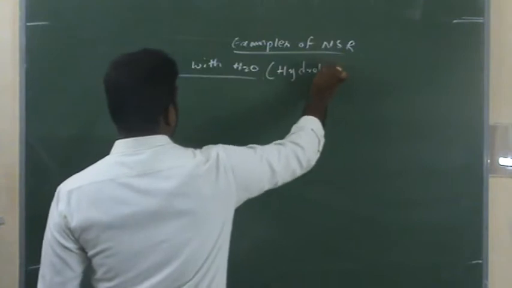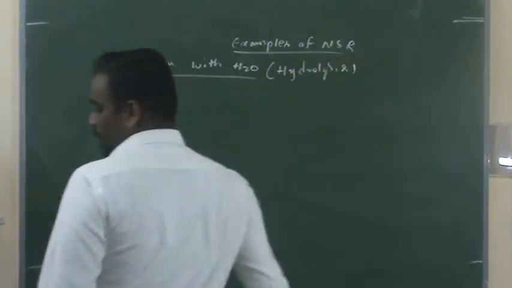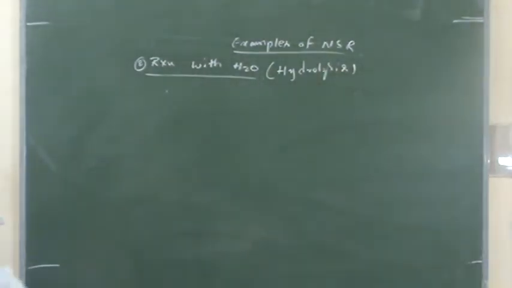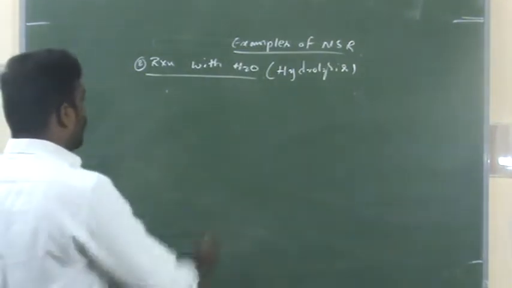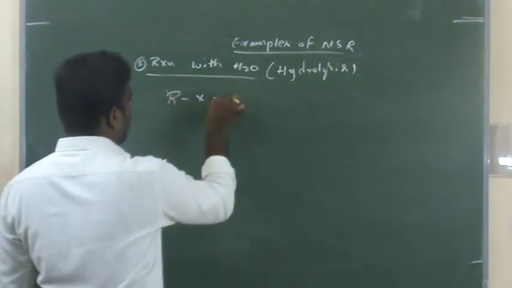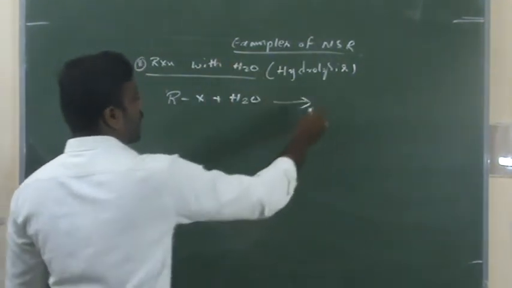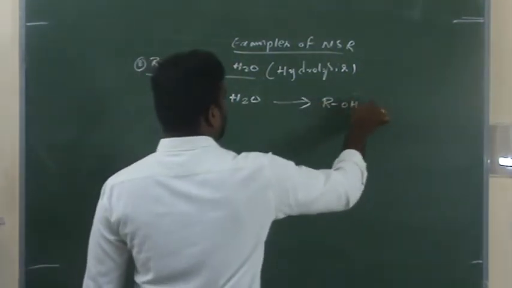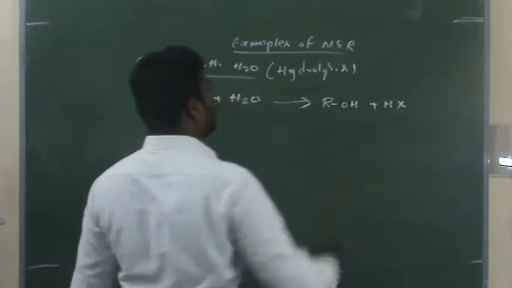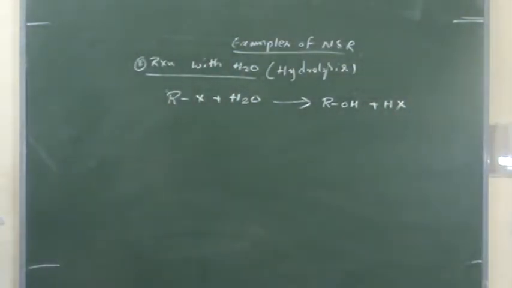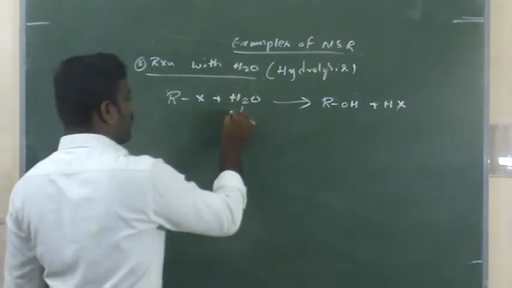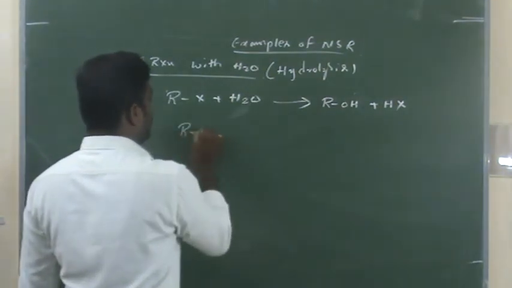There is a name for this: it is called hydrolysis reaction. So when RX reacts with water, in the same way we get alcohol, that is ROH plus HX. So you may wonder how we are getting alcohol from water. It happens like this.